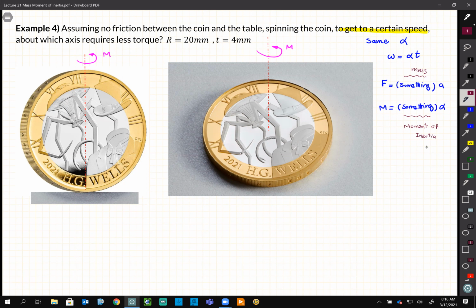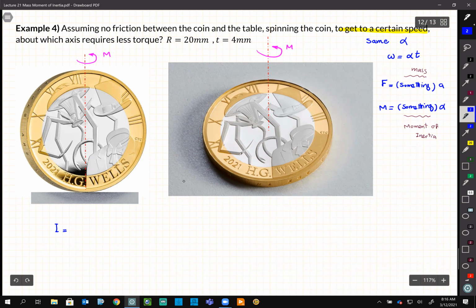Again, we will look up the table and we will see I for this guy, okay? This is a solid cylinder. Moving back to our table.